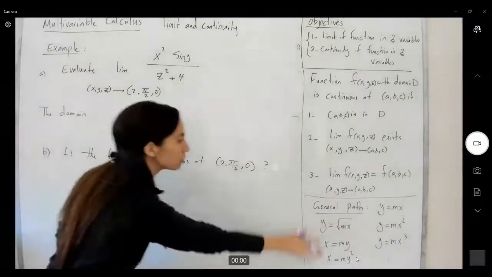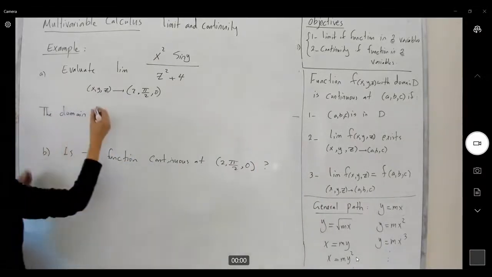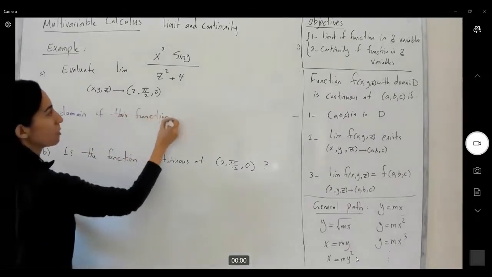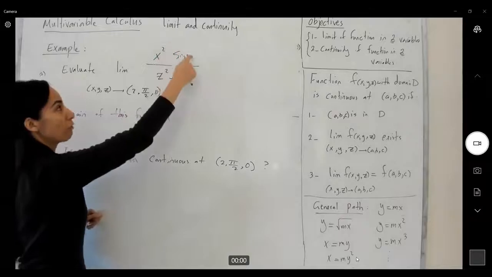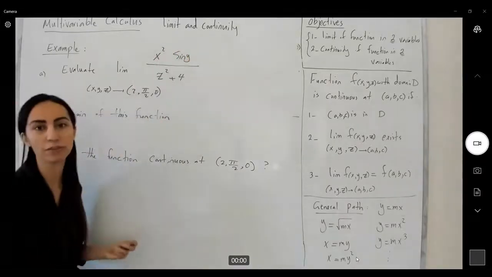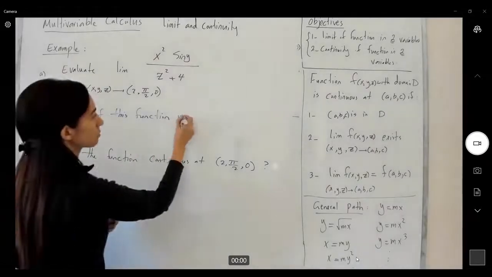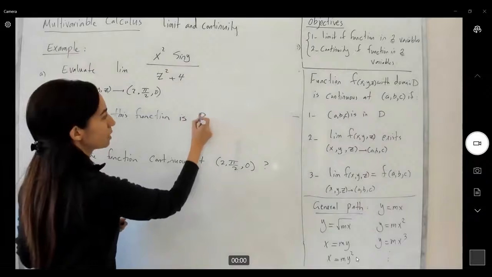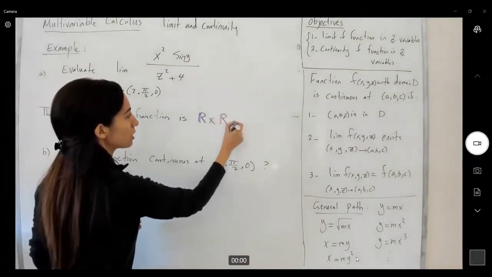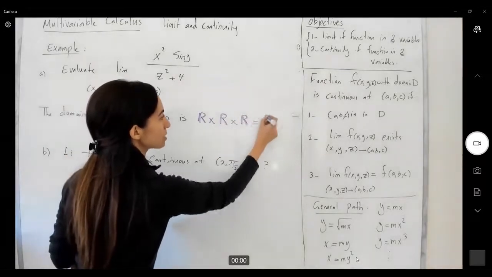Then go through choosing a general path and try to simplify the function. Here you have x, y, and z, so the domain of the function is part of the space. The domain is R Cartesian product with R, Cartesian product with R. It means that you have R cubed, the space.